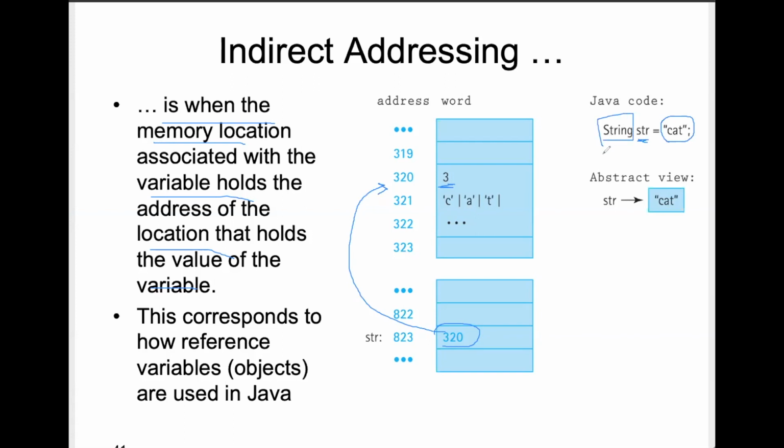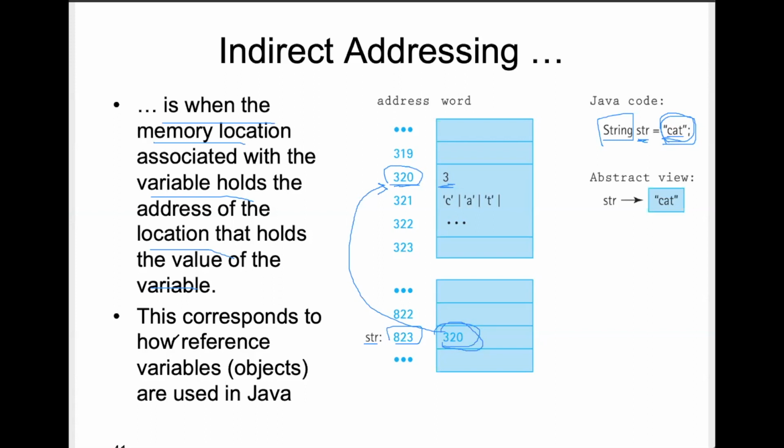This class has a lot of information. One piece of information is the number of characters you have inside this buffer. This is the beginning of that memory address for str, and 320 is a reference to this string object.